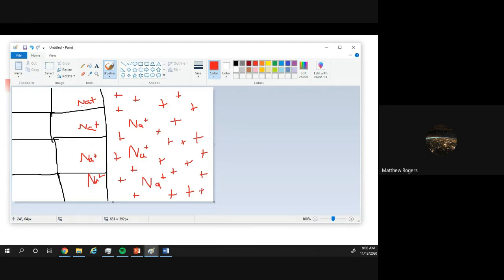So we have one here, we have a bunch of NAs here, and we learned this week that charged particles don't really get to go through the membrane very well. And so there's not much movement going in for these NAs, but there's an imbalance here. There's a solute imbalance. And water, being a good guy, being a friendly guy, he wants to make sure that the balance is corrected.